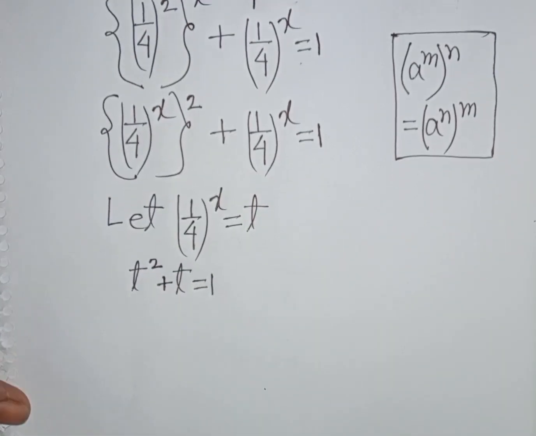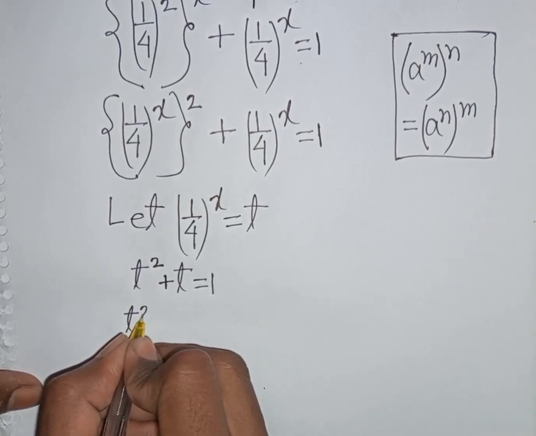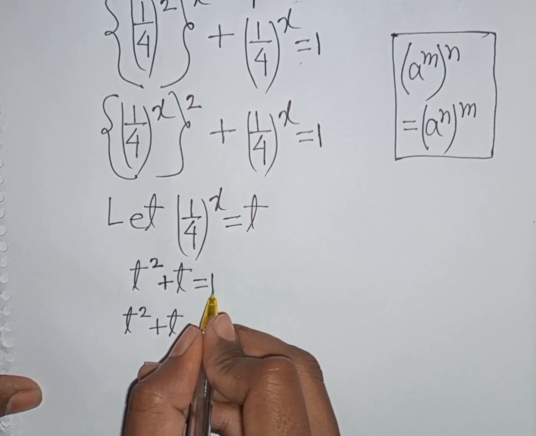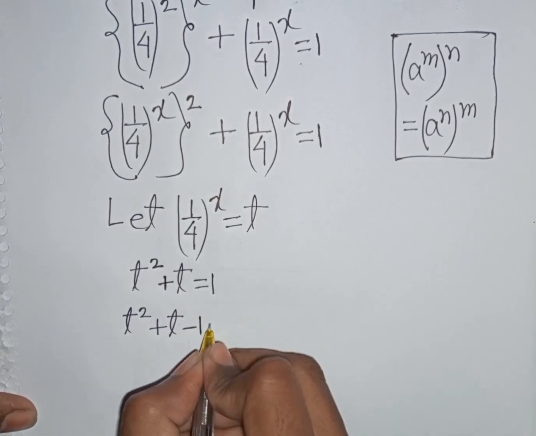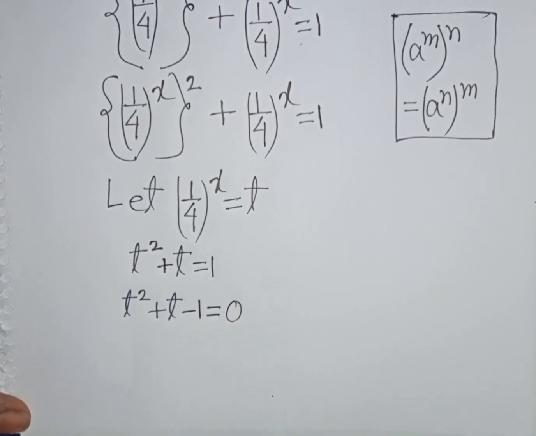Now I can write here t^2 + t, then this 1 taken to the left side will be minus 1, is equal to 0.